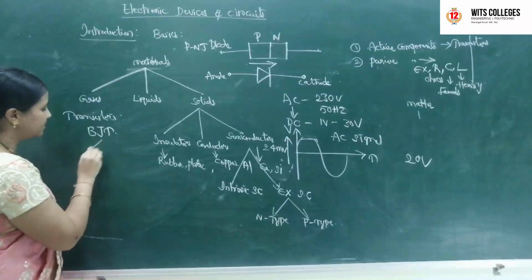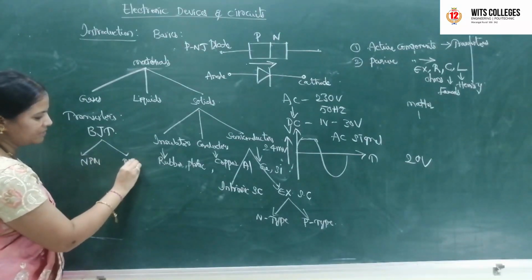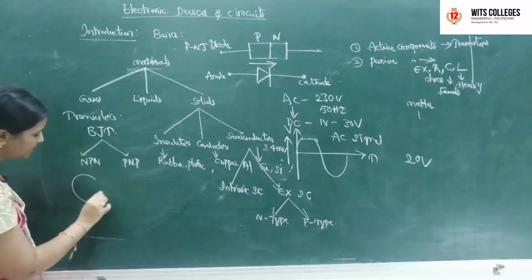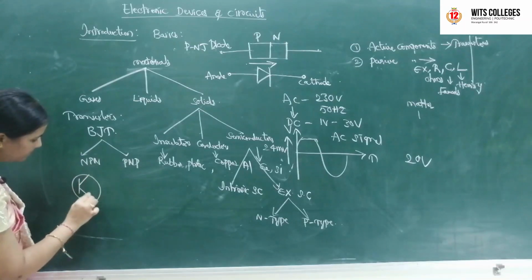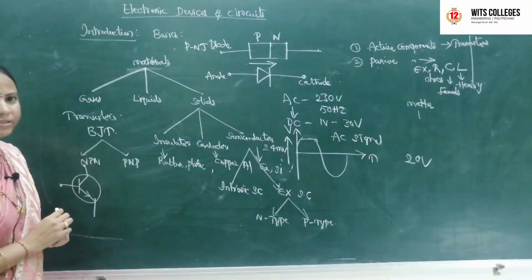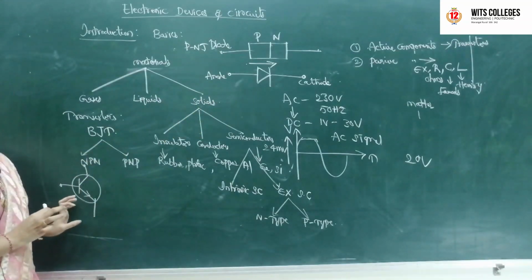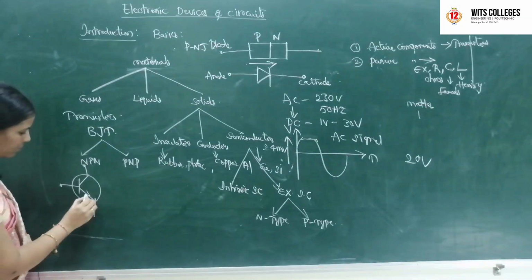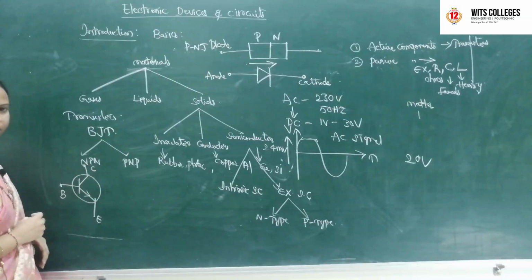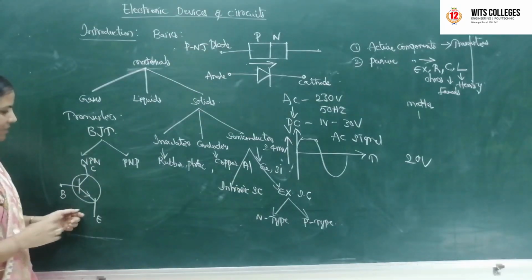So transistors are of two types, NPN transistor and PNP transistor. NPN transistor circuit symbol is like this. It is a 3-terminal semiconductor device. 3 terminals ఉంటాయి. Diode kaithe 2 terminals, transistor kaithe 3 terminals. So this is emitter, base, collector. This is the NPN transistor symbol.